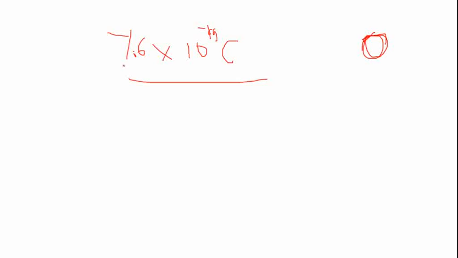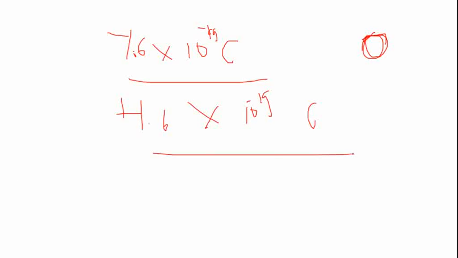If the value of the charges is the same, then they are going to cancel out. So we can say that plus 1.6 into 10 to the power minus 19 coulomb is the charge on one proton.